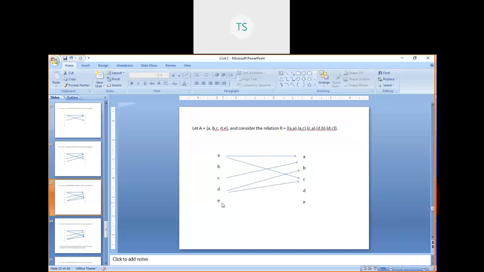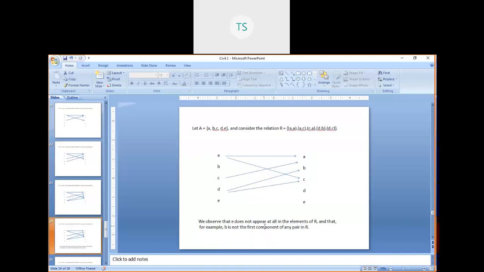Is it clear? So I have written that we observe that E does not appear at all in the elements of R, and for example, B is not the first component of any pair in R.